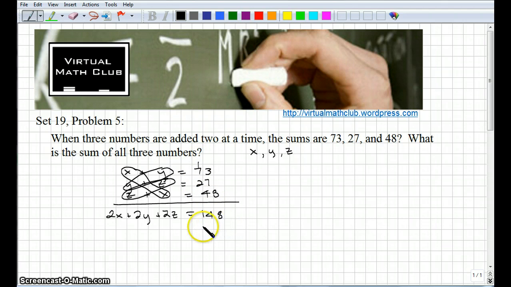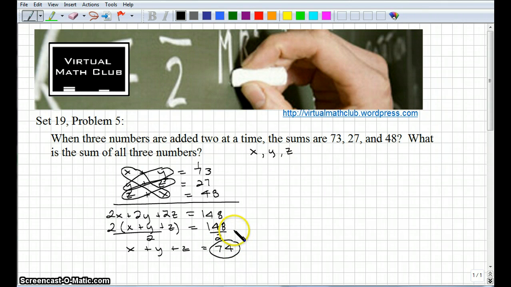So, look at that, I have 2x, 2y, 2z, I can actually factor out a 2. 2 times x plus y plus z is equal to 148, and if I divide both sides by 2, I get x plus y plus z is equal to 74. Alright? And that's the answer, 74.